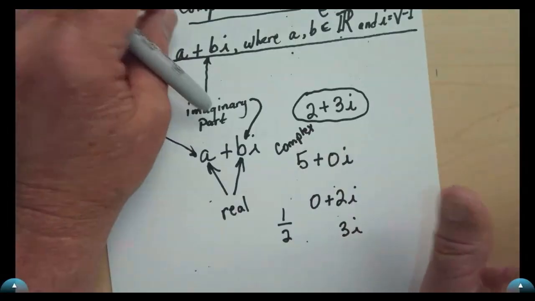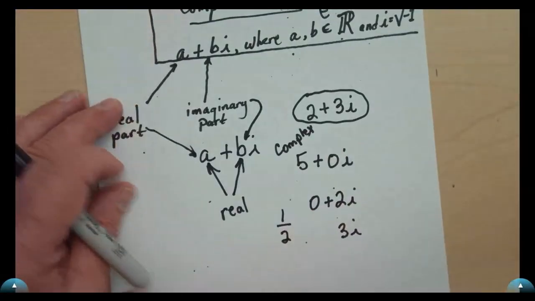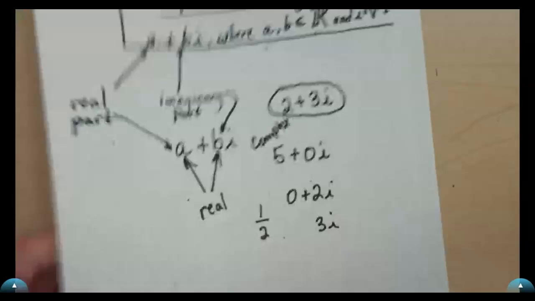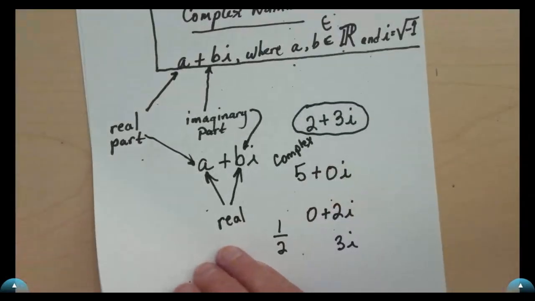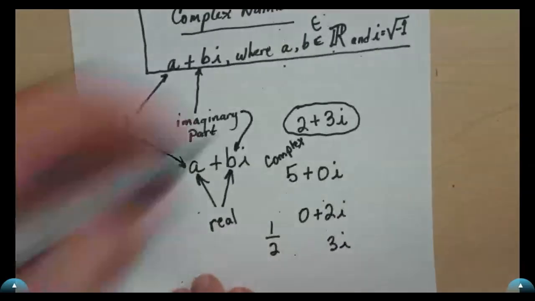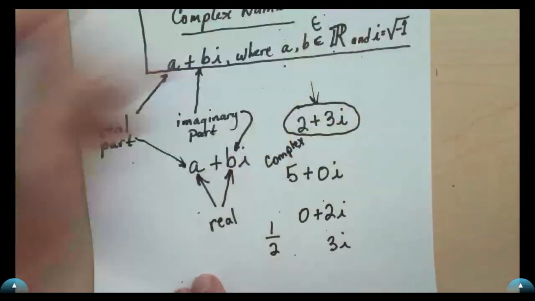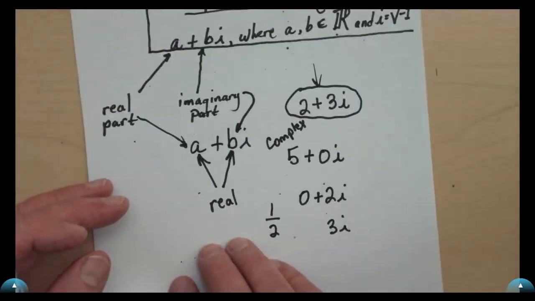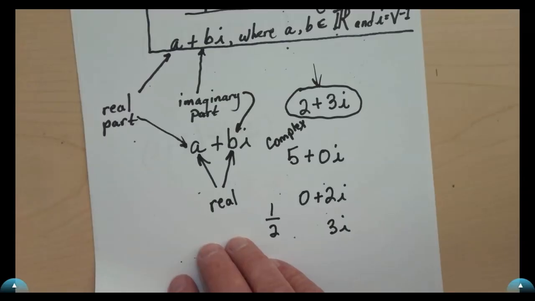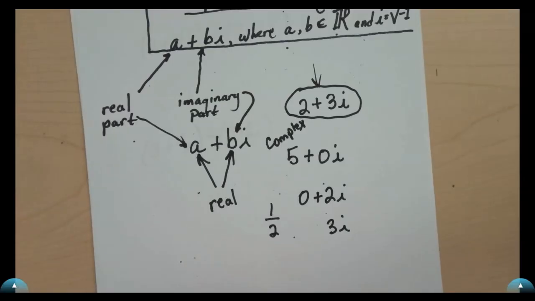Everybody with me? Okay, so let me tell you what section 1.4 is really about. Really, the brunt of section 1.4 is about, now that we've seen the idea of a complex number, when you first learned about numbers, what was the first thing you did after you learned about numbers? Well, you learned how to do basic arithmetic.